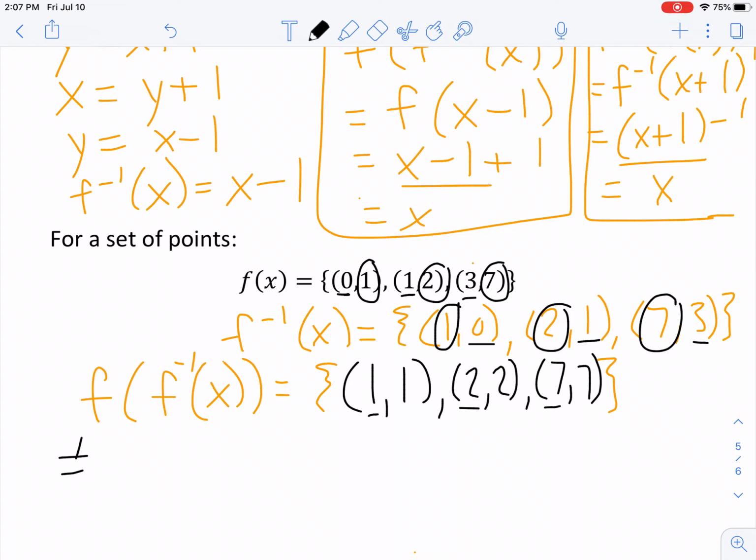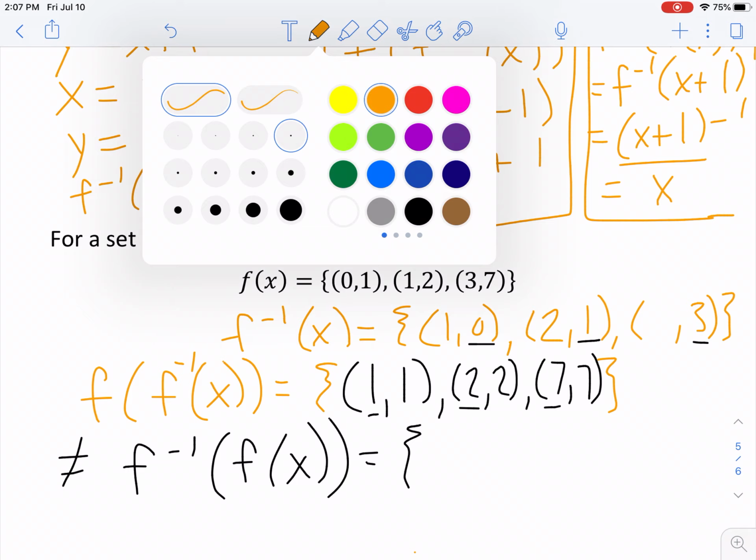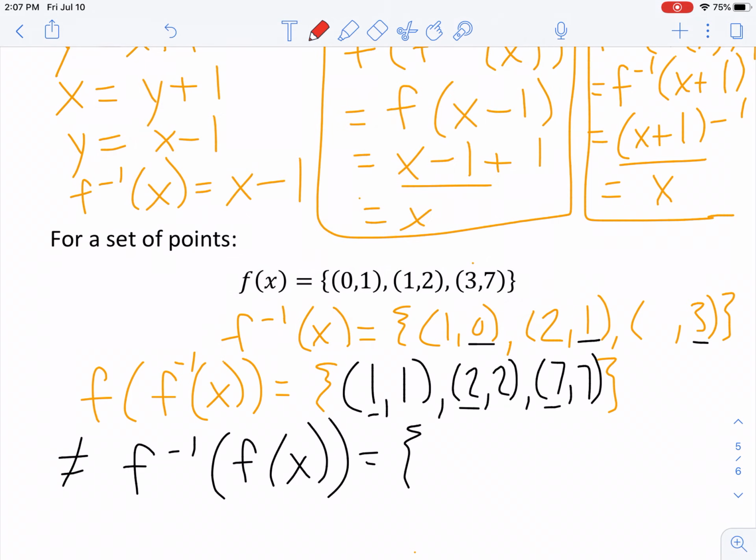This is not the same as f inverse of f like it is when we just work with an equation. And I'll show you why. It's because of the order. So this time I'm going to have f being my inner function. So I'm starting with f this time.